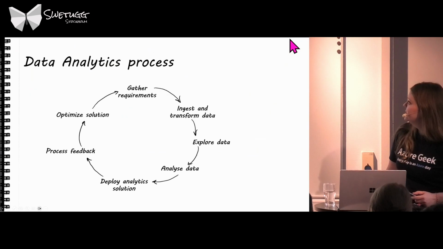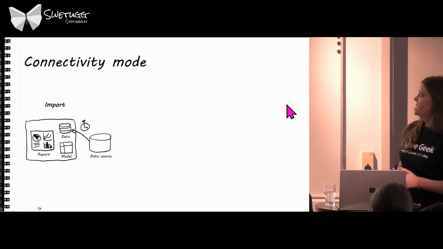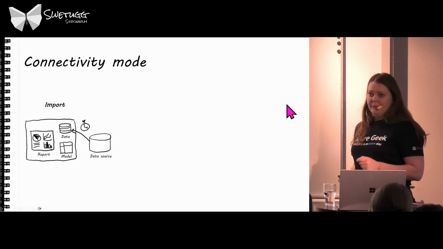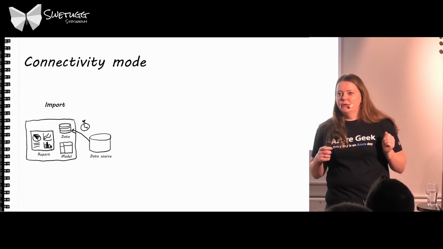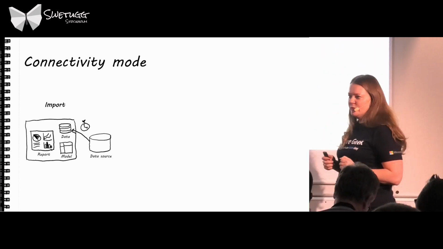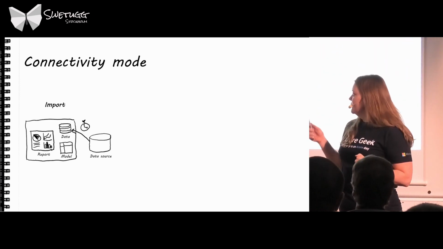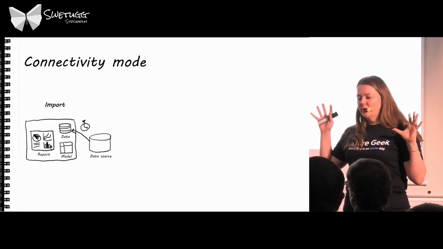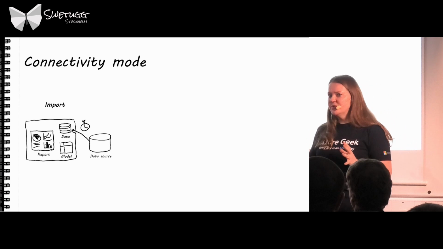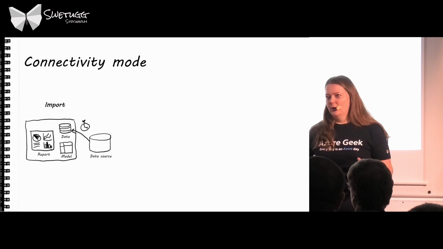Let's come back to our presentation and discuss different connectivity modes in Power BI. When you connect to data, you can connect using different connectivity modes. Simplest, most recommended is import. You import data from your data source into Power BI.